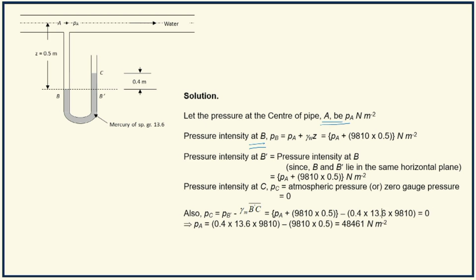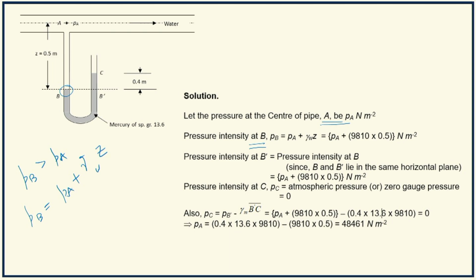Here point B is at a depth of 0.5 meter below A. That means pressure at B will be greater than pressure at A. So PB will be equal to PA, which is what we require, plus gamma W into Z.